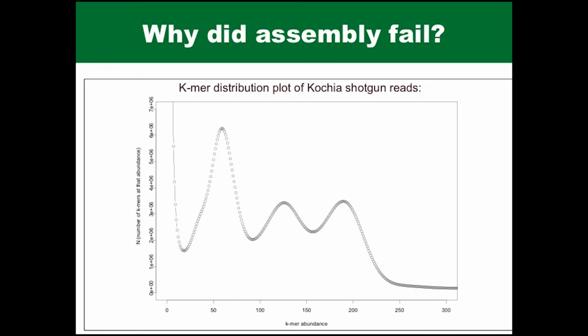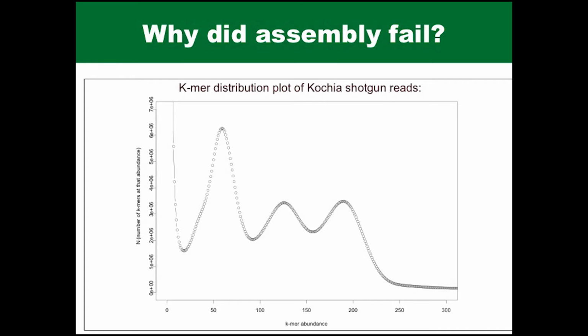But there's a quality control step that you do where you take those k-mers and you scan your sequence data and you see how often a certain k-mer shows up. And that's what this is a plot of: k-mers of a certain abundance, so k-mers that show up 50 times show up a lot.